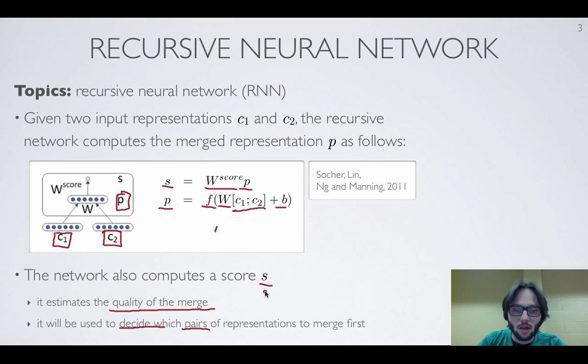So in other words, it's going to be used to determine what is the best syntactic tree to use in order to extract the vector representation of the different phrases and then ultimately the sentence. So that part will be useful in the next video when we start talking about how to extract the syntactic tree from a given sentence.